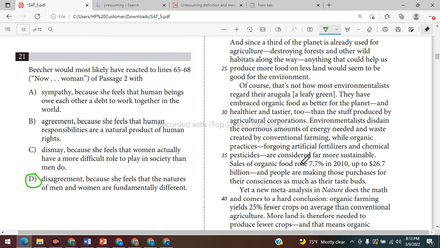Sales for organic food rose 7.7% in 2010, up to 26.7 billion. And people are making those purchases for their consciences as much as their taste buds.